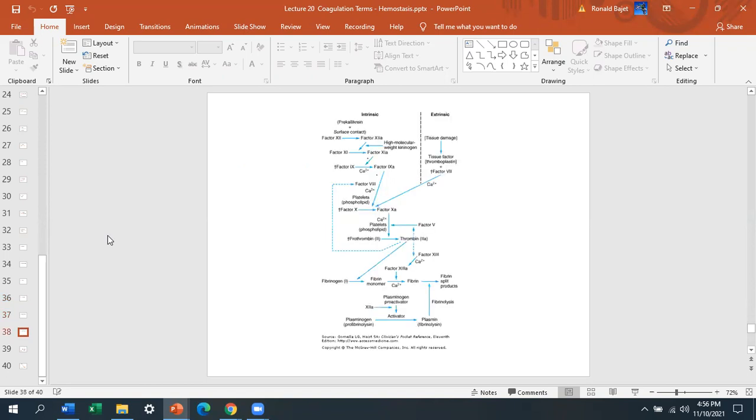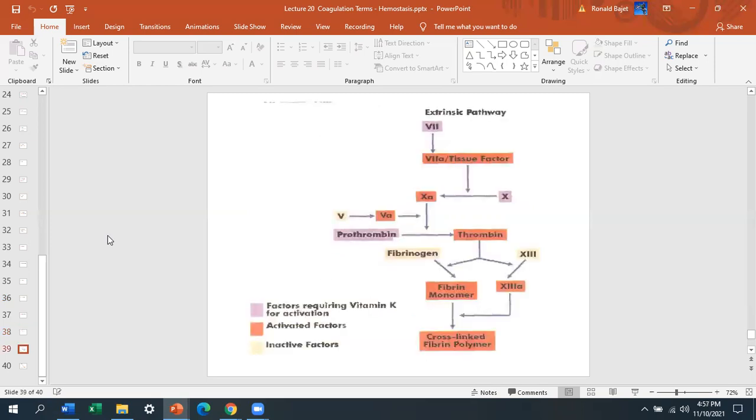And here's another way of looking at the coagulation pathway. This is the one you're not going to have to know, but I just want you to know that there's another version. This is the extrinsic pathway, starting with 7, going down to the common pathway. This is the common pathway down here. And here's your extrinsic pathway, 7 going to 10 and 10A.